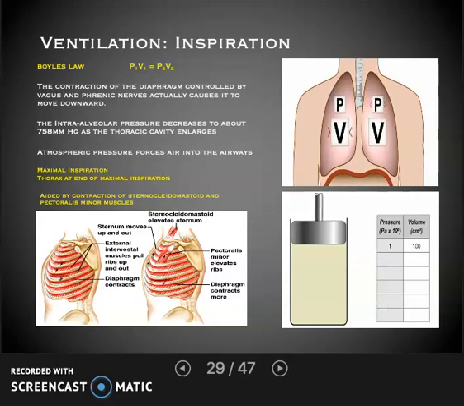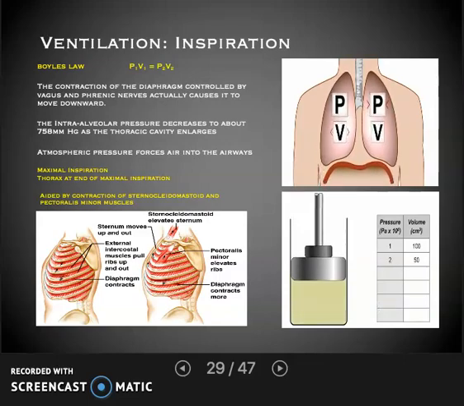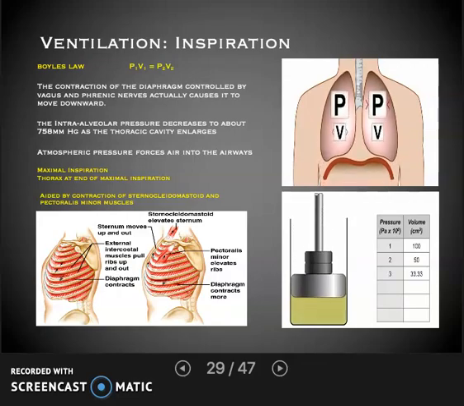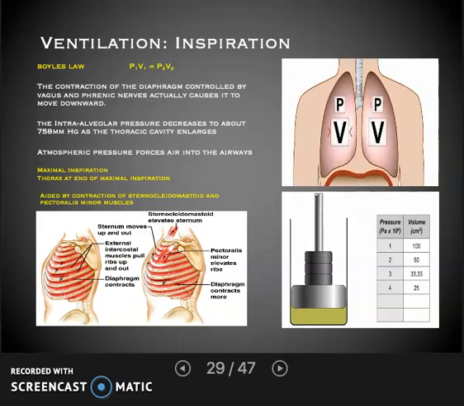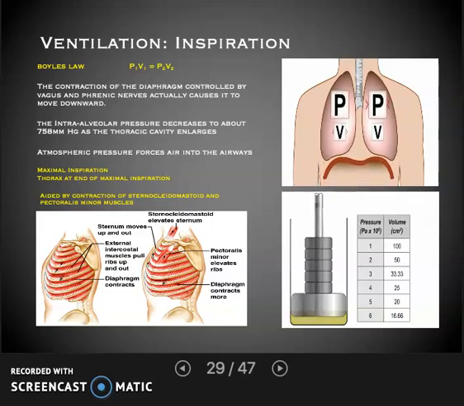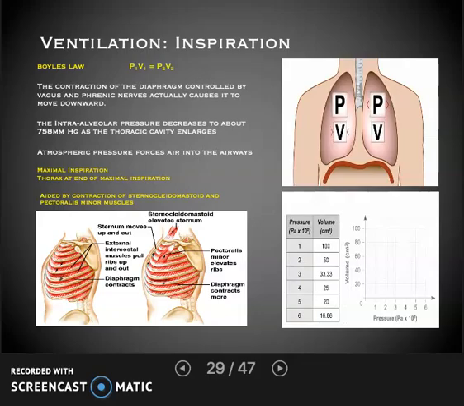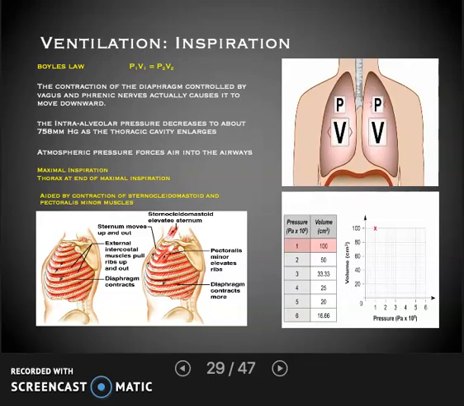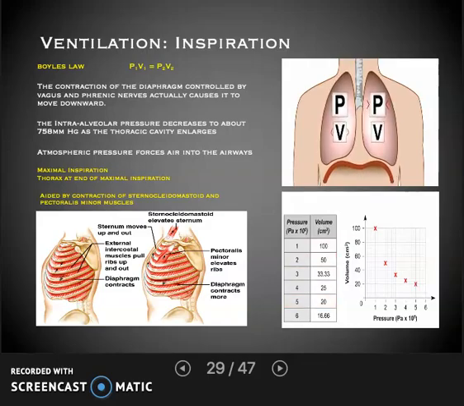And pressure and volume are going to vary in an inverse relationship, right? So in your lungs, at rest, the interior pressure is 760 millimeters of mercury. When you decide to breathe in, the vagus and the phrenic nerve activate the diaphragm. And that diaphragm, when it contracts, actually pulls down, and it increases the volume of the pleural cavity. Right? It drags those lungs with it. So it increases the volume of that space.